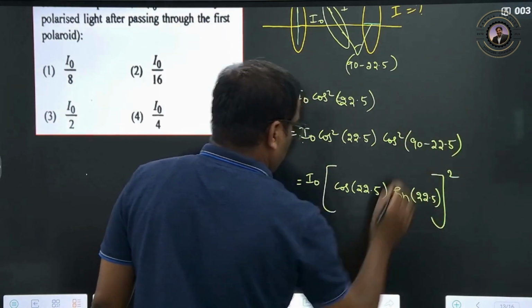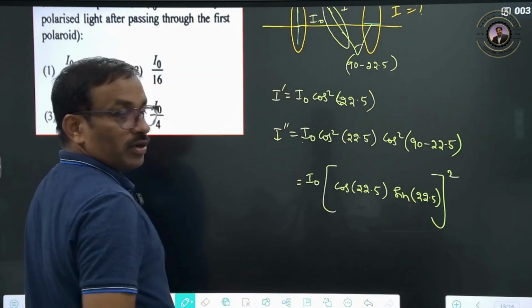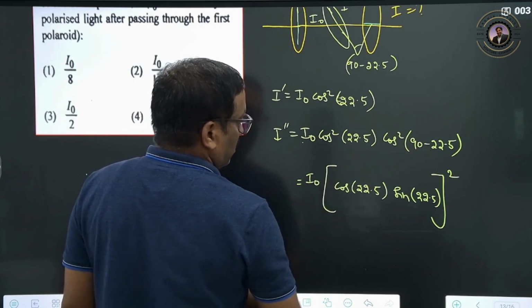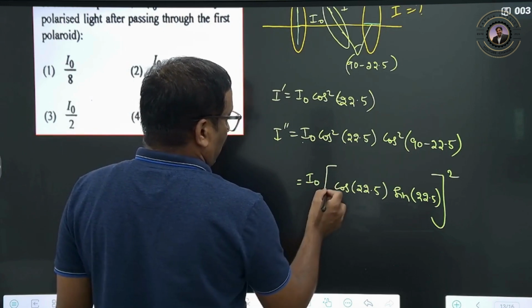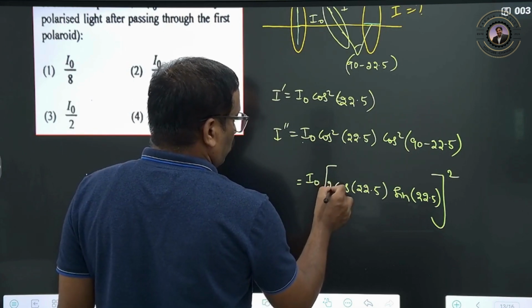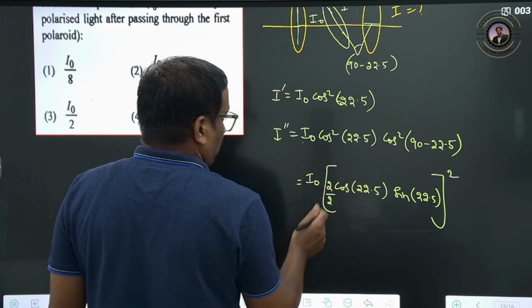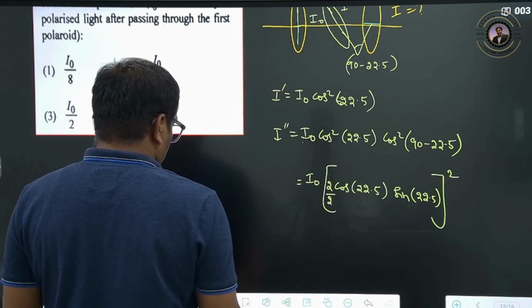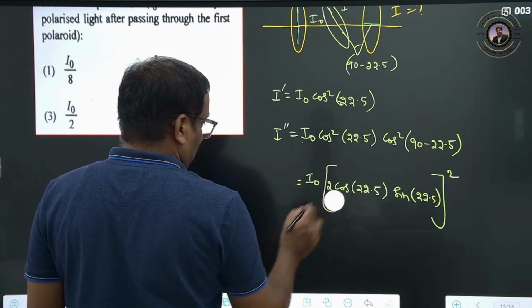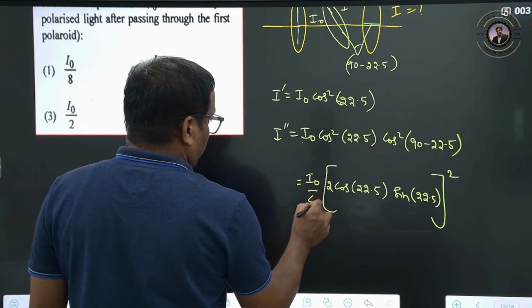So therefore this is whole square. Now what will I do? I can multiply and divide by 2. This 2 I take out, therefore it will be divided by 4.